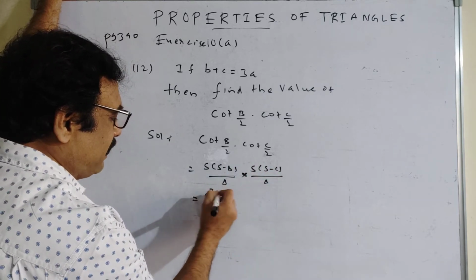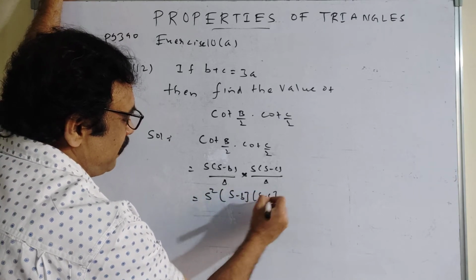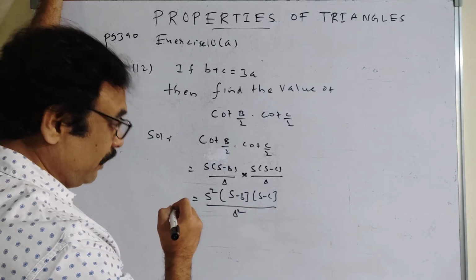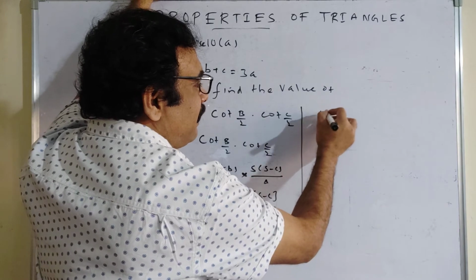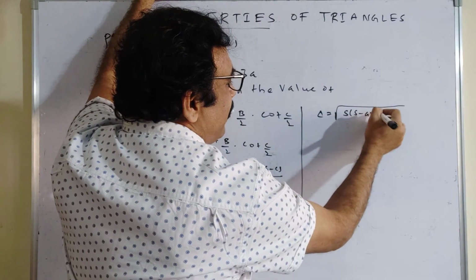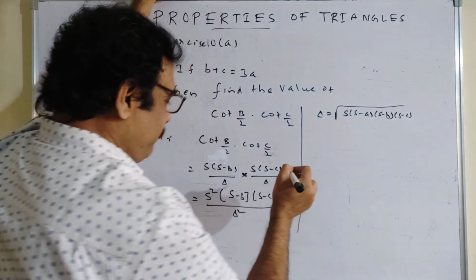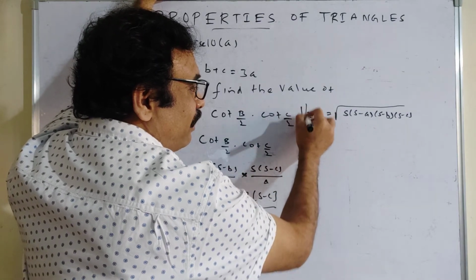This is something like that: s square into s minus b into s minus c by delta square. Now we know that delta is equal to square root of s into s minus a into s minus b into s minus c. So delta square, obviously, is going to be the formula.